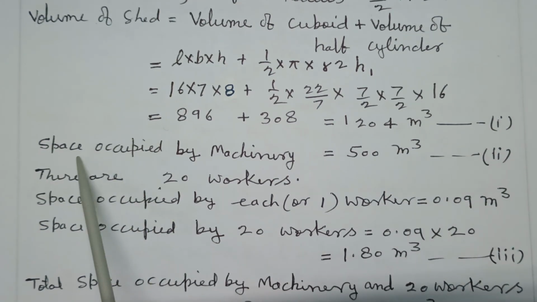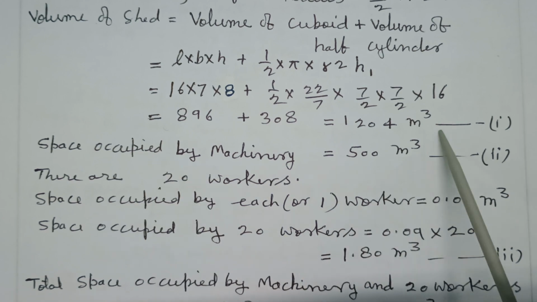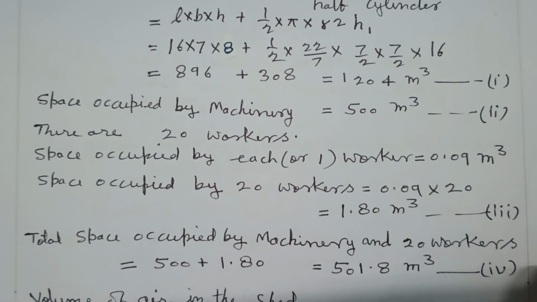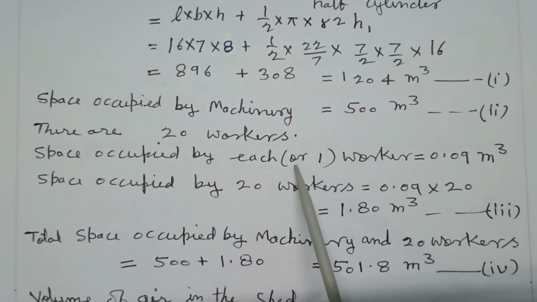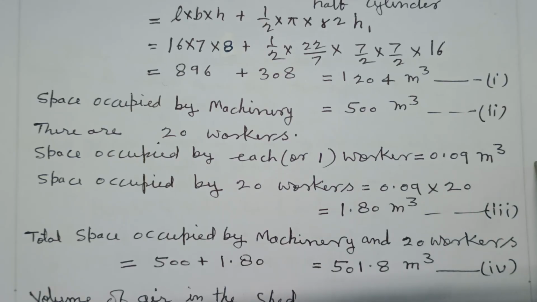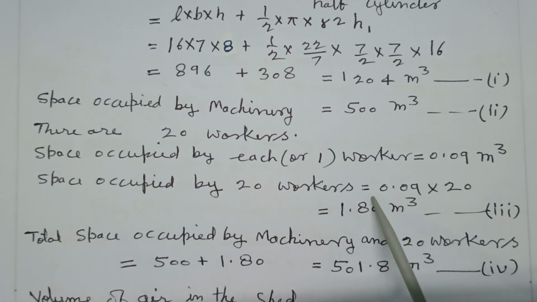Now it is given space occupied by machinery is equal to 500 meter cube. There are 20 workers and space occupied by one worker is equal to 0.09 meter cube. So space occupied by 20 workers is equal to 0.09 into 20 is equal to 1.80 meter cube.